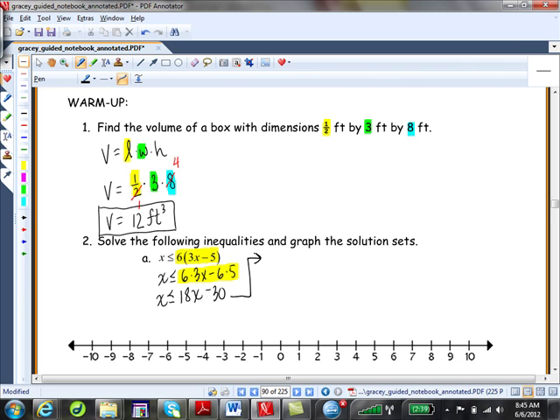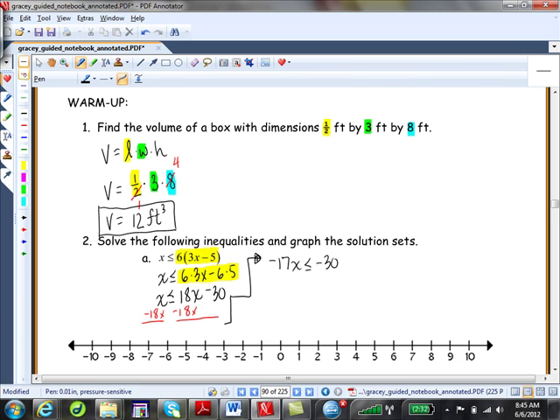I'm going to go ahead and subtract 18x from both sides. So this result will be here. We'll end up with negative 17x is less than or equal to negative 30.